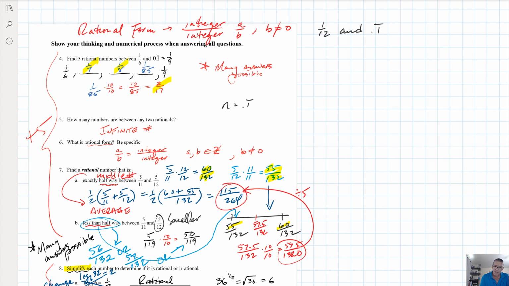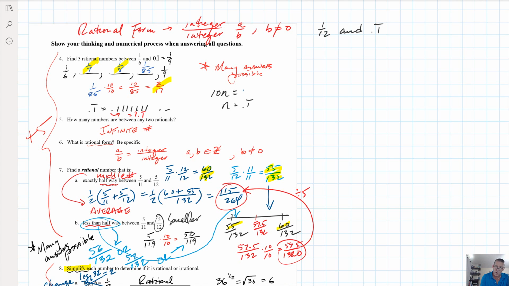We multiplied both sides by 10, so n times 10 gives 10n. Since this is a repeating decimal, multiplying by 10 shifts the decimal one place. Imagine 0.1 repeating is 0.111111 forever. So you get 1.1 repeating.